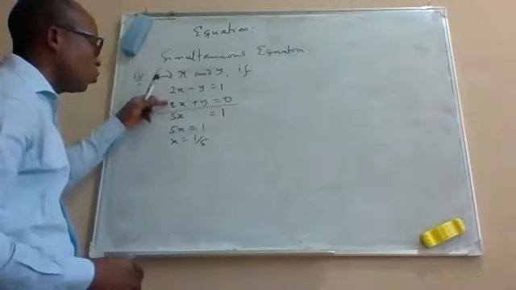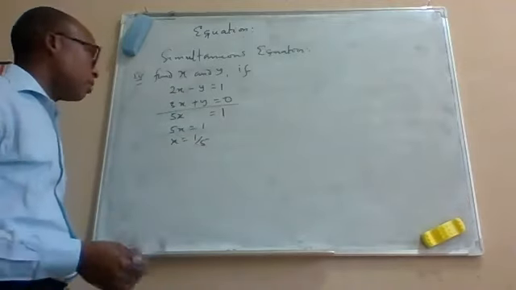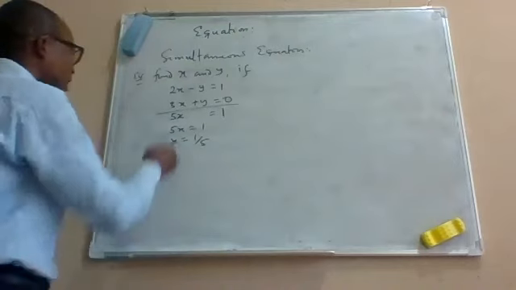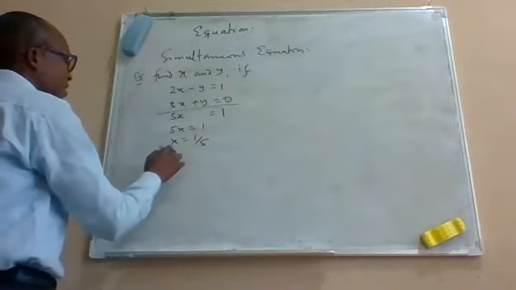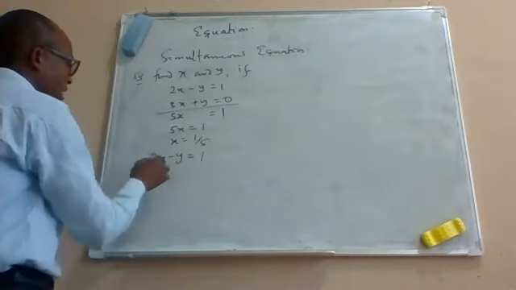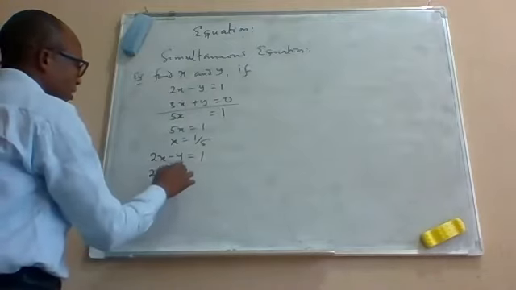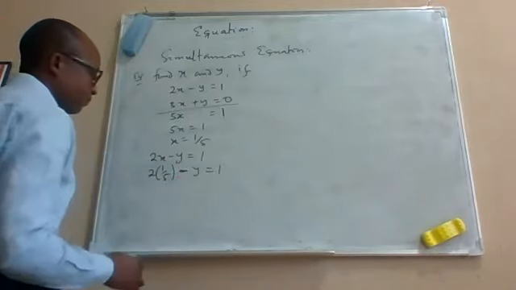Now we have a result of x equals 1 over 5. You can pick either of the 2 equations, substitute the value of x equals 1 over 5 and simplify. Anything you get will give you the value of y. So let me take the first one, 2x minus y equal to 1. Here we have x equals 1 over 5. I can substitute here. This will give me 2 times 1 over 5 minus y equal to 1.